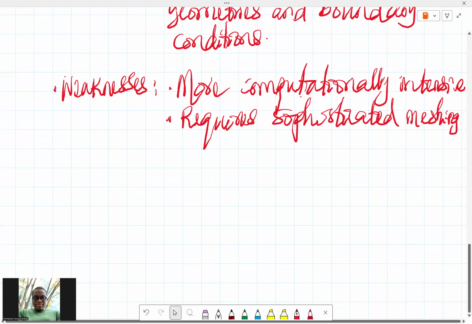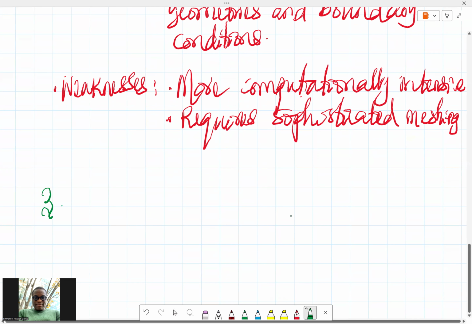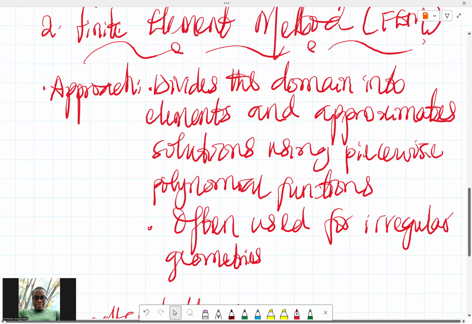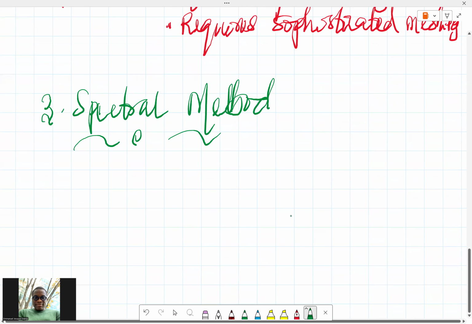So that takes us to the third method, which is the spectral method, or you can say spectral methods, because you need basis functions that can be Fourier, Legendre, Chebyshev, and all that. So talk about the spectral method now.